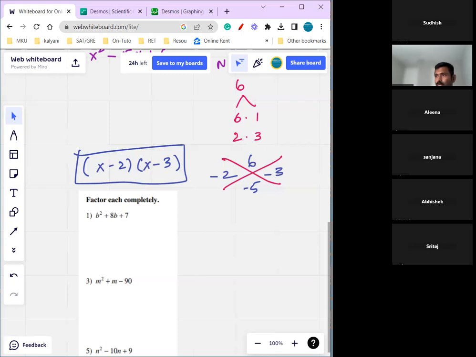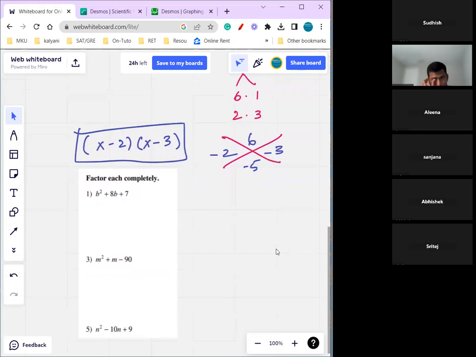So let's do all the questions, and also number 5 as well: 1, 3, and 5, all 3. Put your answers in the chat box. And if you don't know how to do the factoring, it's okay, just let me know so I can go over it with you. But this topic, you can't miss it, and you can't take it easy on this one.